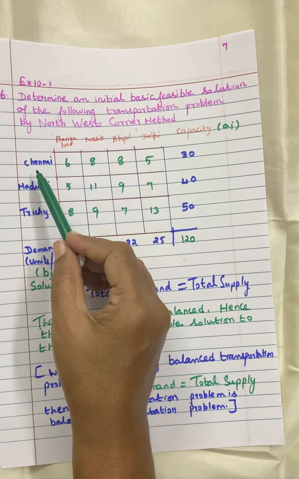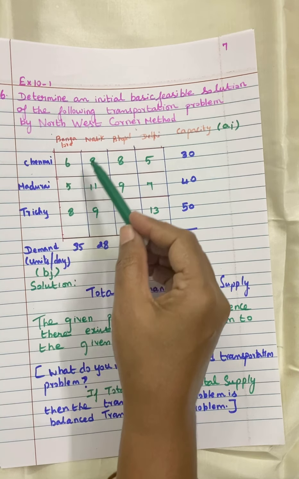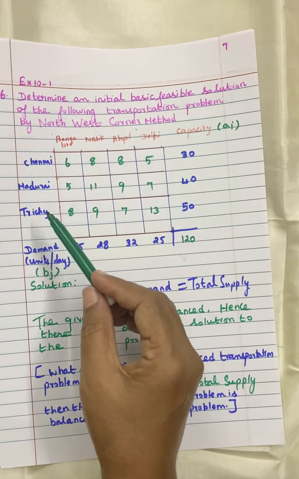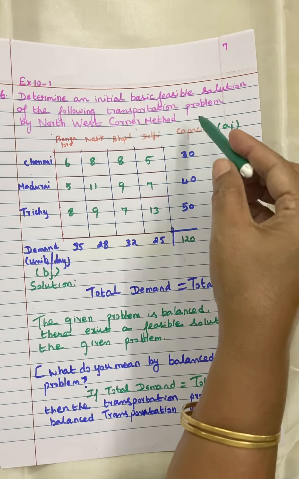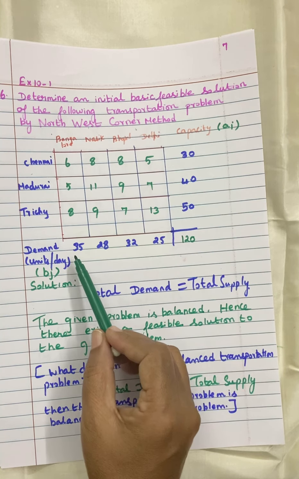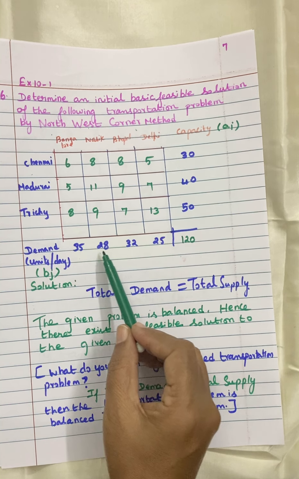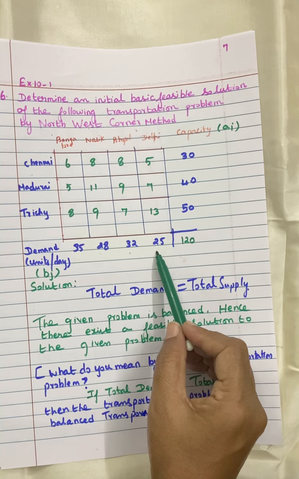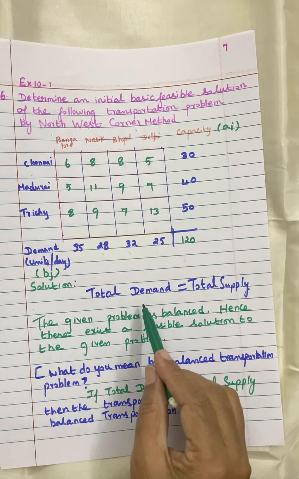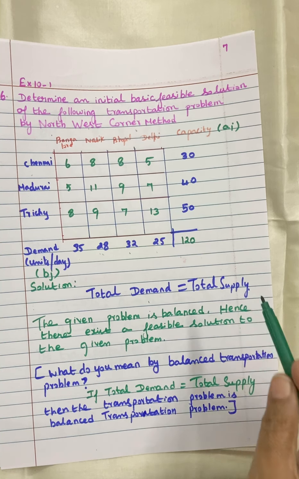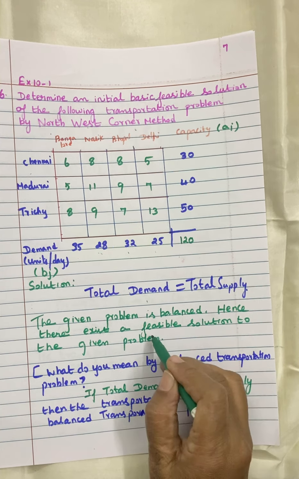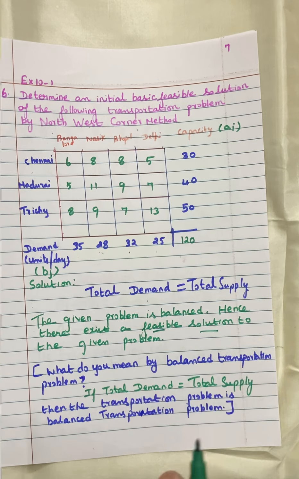So from Chennai it goes to Bangalore, Nasik, Bhopal and Delhi. From Madurai it goes to the four places. From Tiruchi also. My total capacity is 90 and 120. Here 30, 50, 80, 100, 110, 120. So the total demand equals total supply. The given problem is balanced. Hence there exists a feasible solution to the given problem.